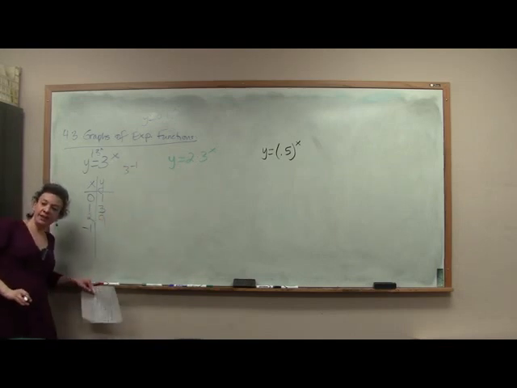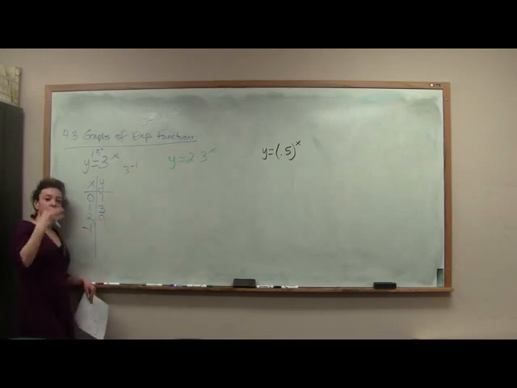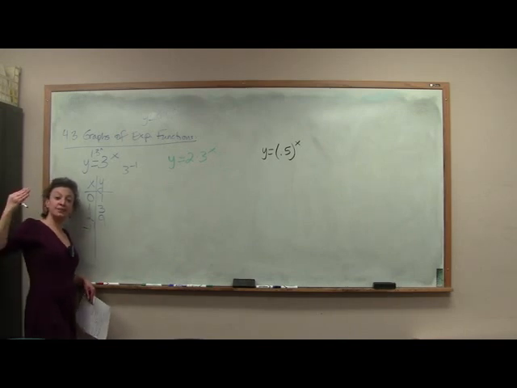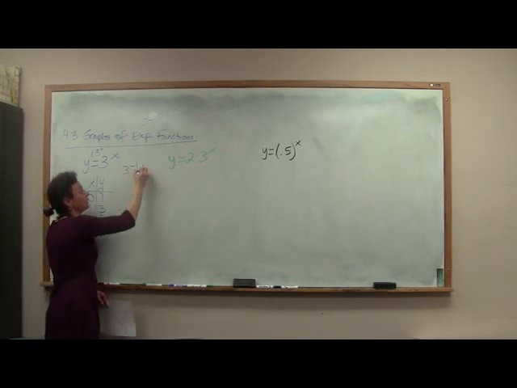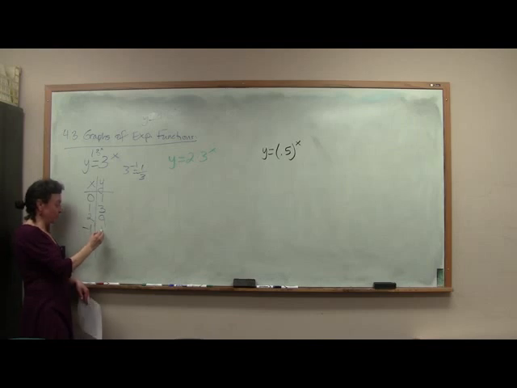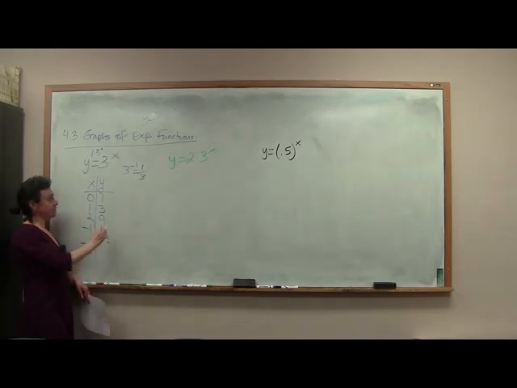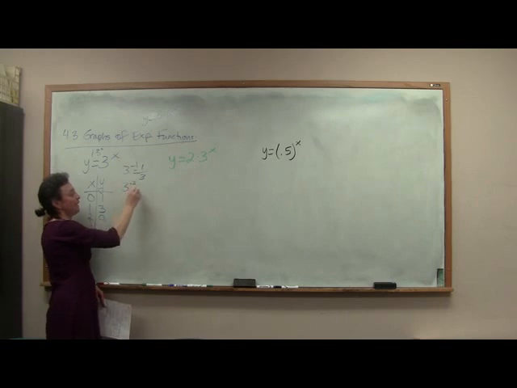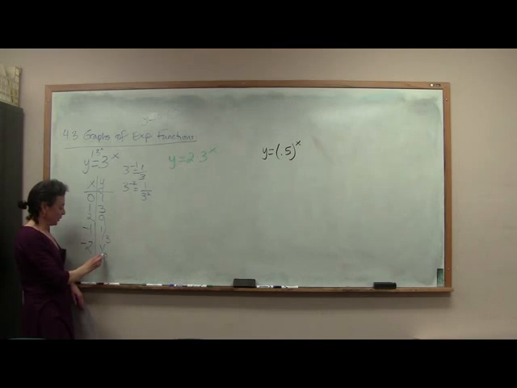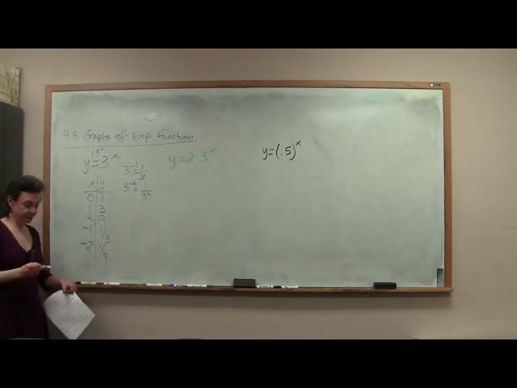How do you deal with negative exponents? Remember, to make an exponent positive, you move it down to the denominator. So that's 1 over 3 to the first, or 1/3. If I plug in negative 2, well, 3 to the negative second power is 1 over 3 to the second power, which is 1/9. Okay?